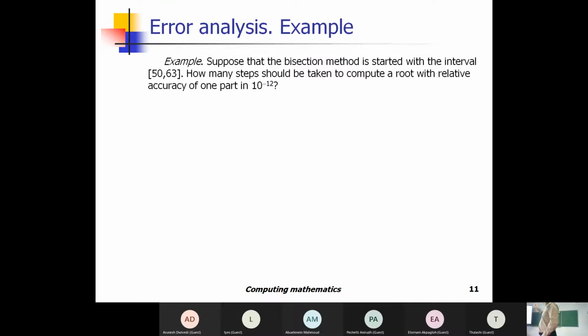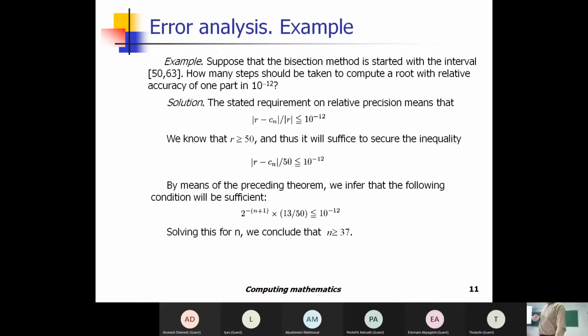I stress that here I don't specify the function. It doesn't matter what function, what root we are going to find. The main point here is that the length of the initial interval is given. How to solve this problem?